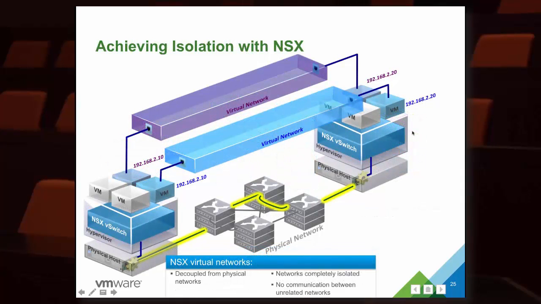This brings us to this true vision of isolation. And I mentioned before that because of the overlay, we can have exact replicated networks residing side by side. Here we have two virtual machines, both with the exact same IP address, but one lives inside of one virtual network and one lives inside of another.